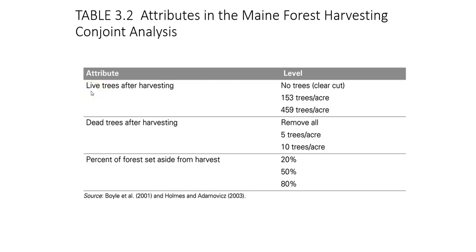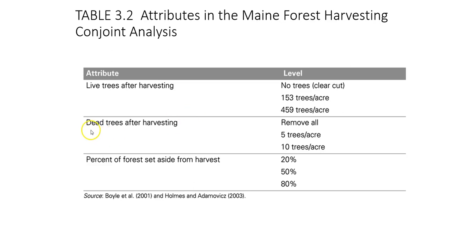People are presented with different forestry management plans, and they're described different levels of live trees after harvesting. One situation that people might be faced with is when there are no trees at all, so it's a clear cut. Then they're faced with situations where there are more trees remaining after the timber companies are allowed into the forest, 153 trees per acre, or 459.